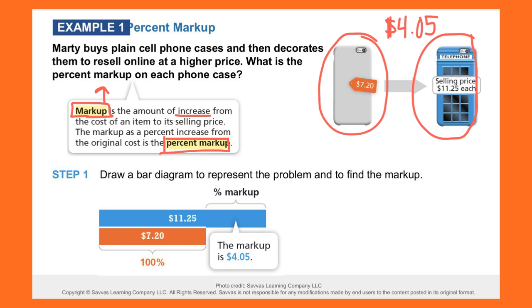On our bar diagram, we have the original cell phone cost, and the markup of $4.05 is the exact same length as the final cost. So we're looking for what % that $4.05 is of the original amount.